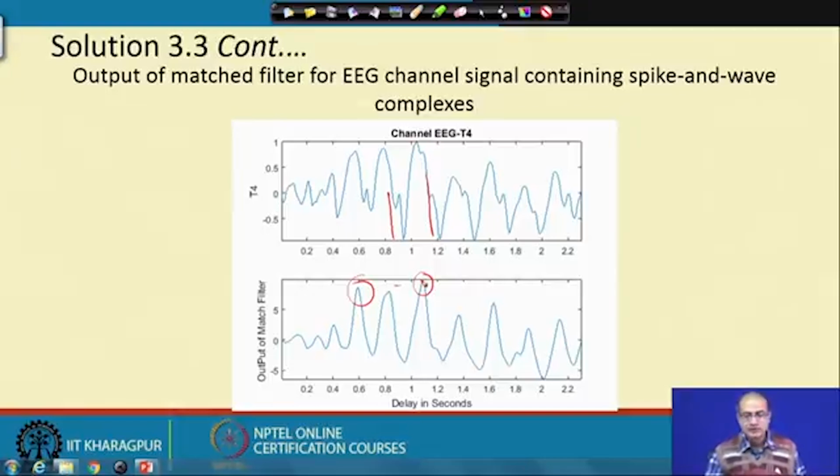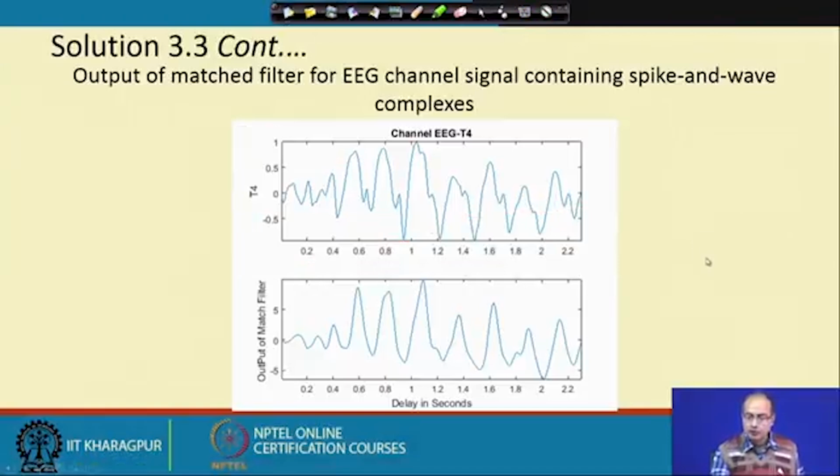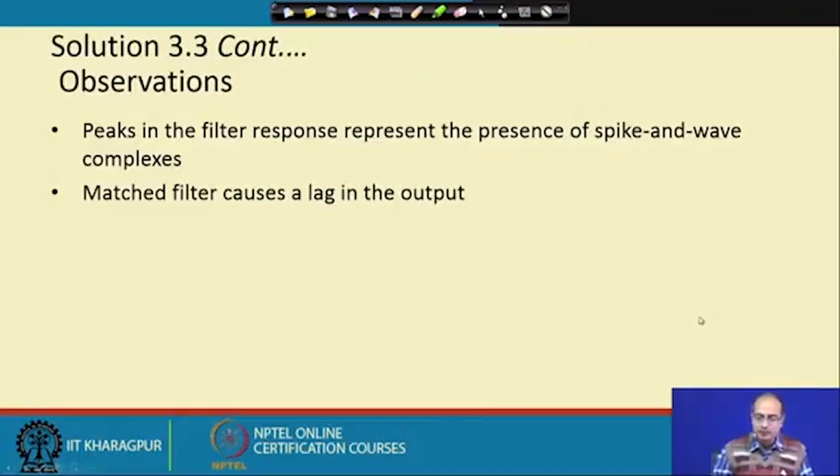That is because of the lag introduced by the filter. Our template has a finite length, and when we use it as a causal filter we have to add some delay, and that is responsible for this lag. So, if we have to find out the location of the complex, we need to take care of this lag.